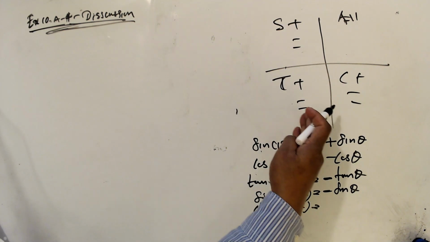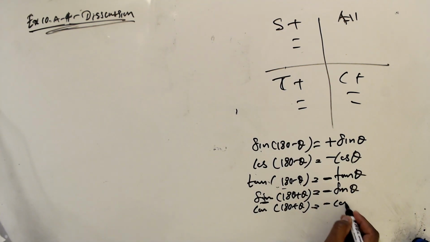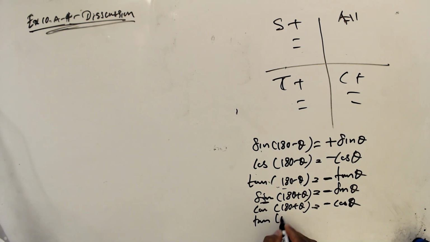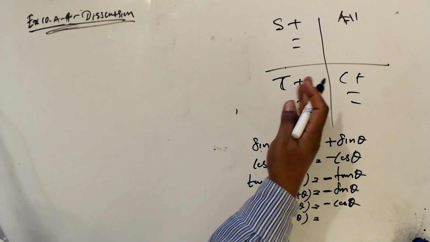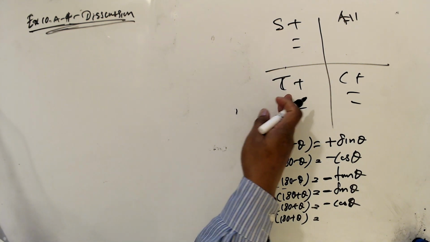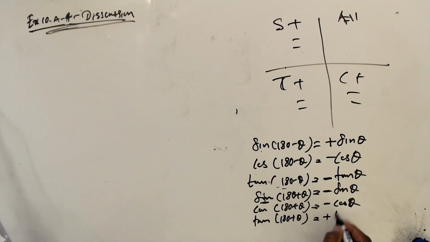In the third quadrant, cos is negative. Only tan is positive. Then negative cos theta. Then tan 180 plus theta. 180 plus theta is in the third quadrant. In the third quadrant, tan is positive. So then this is positive tan theta.